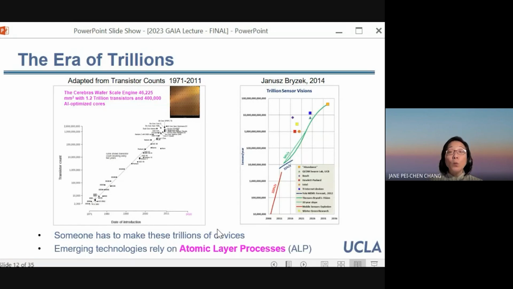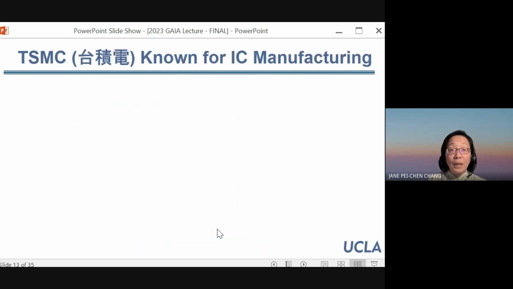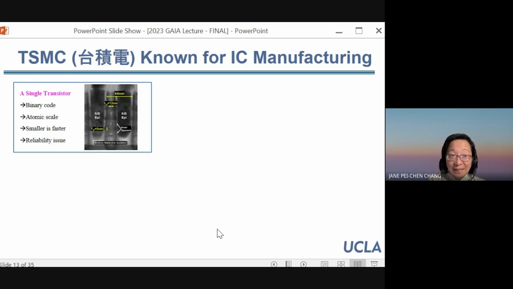And the only way that we can really do this is to basically process materials and create these structures that we need using atomic layer processes. And some of this has already been used in the fabrication of the integrated circuits. TSMC, Taijidian, is one that is well known in the world for such advances.